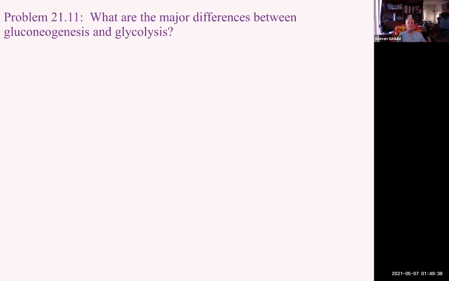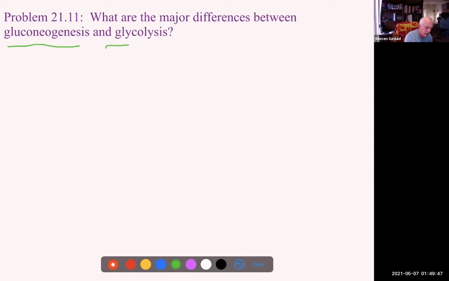So what are the major differences between gluconeogenesis and glycolysis? In gluconeogenesis, you form glucose. In glycolysis, you break down glucose to form ATP.